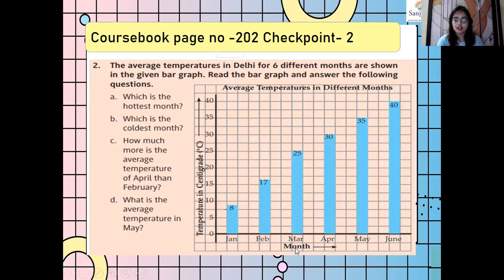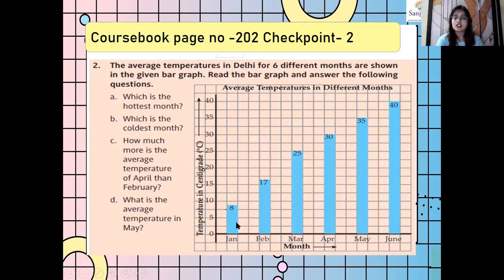Down here on the x-axis, we have taken the months, January, February, March, April, May, June, 6 months. And on the y-axis, it's written temperature in centigrade. The scale given is 0, 5, 10, 15, 20, 25, 30, 35, 40.